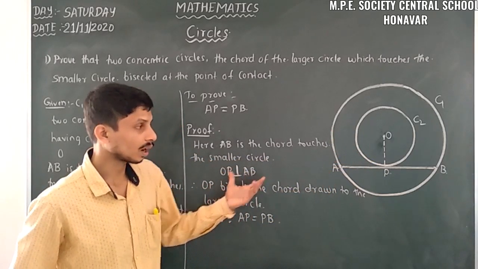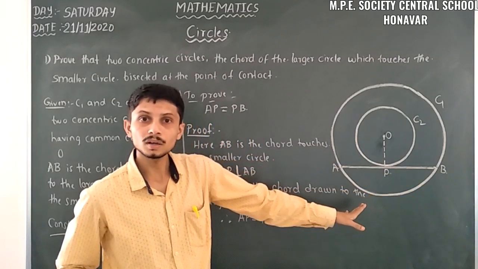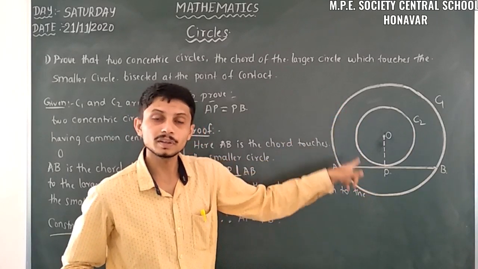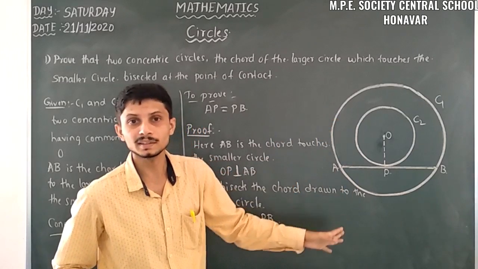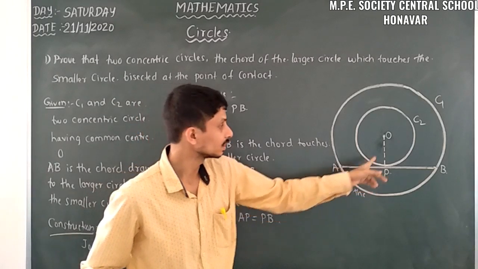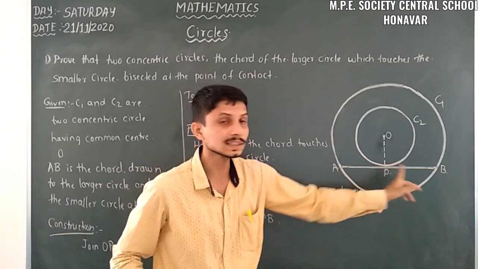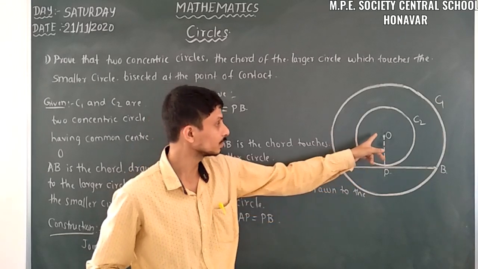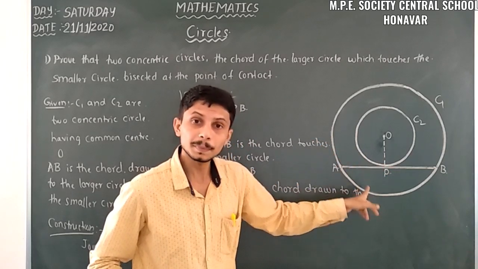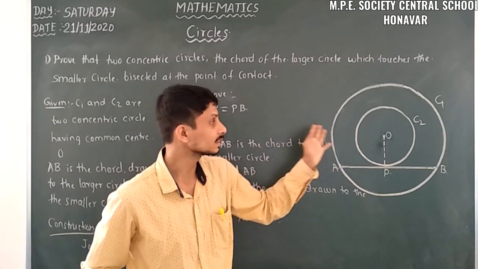So always, when a chord is drawn to a circle and we take a line segment from the center, only when it is perpendicular does it bisect the chord into two equal parts, because we know that OP is perpendicular to AB, and AB becomes the tangent. AB looks like the tangent of this smaller circle.